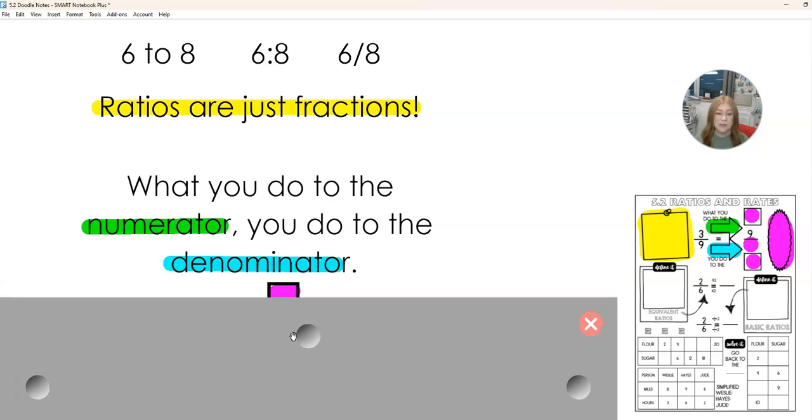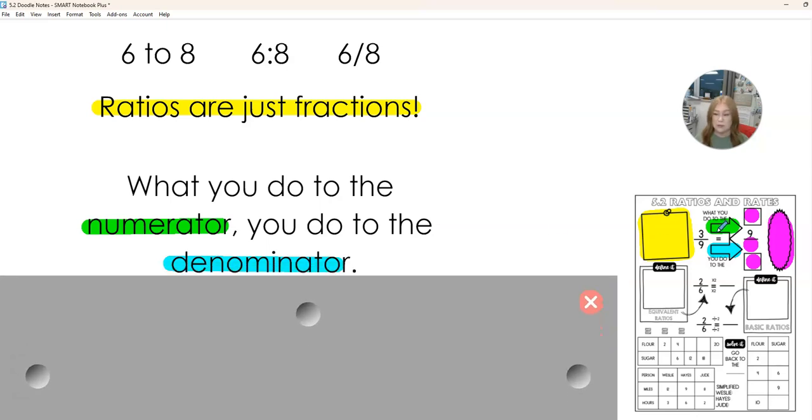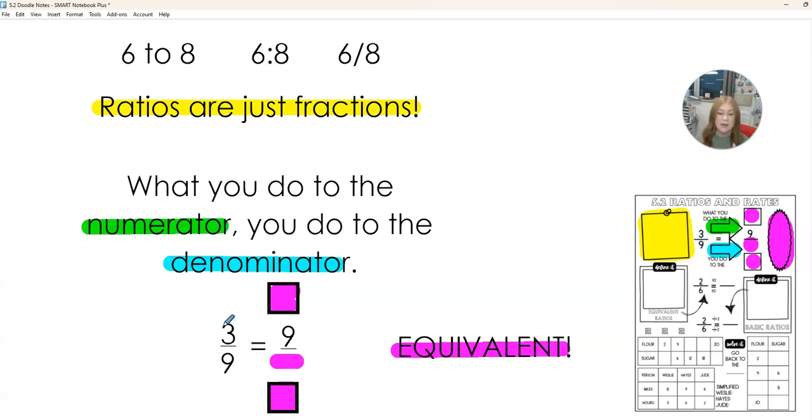So what we do to the numerator, we do to the denominator. So if we have 3/9, how do I get from 3 to 9? 3, 6, 9. I times that by 3. So in this box, we times by 3. If I do that to the numerator, I also have to do that to the denominator.